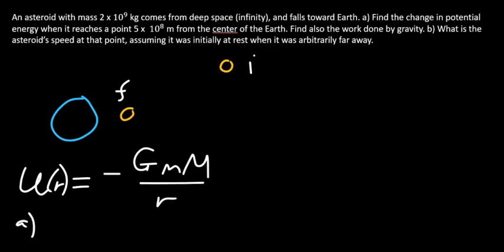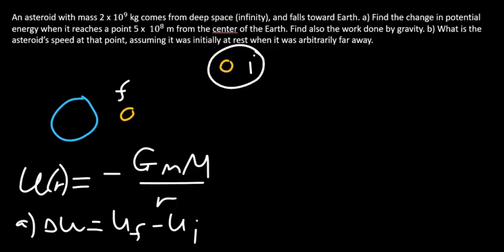So in our case, the change in potential energy is given by U final minus U initial. Note, initially, the object, or in this case the asteroid, is in deep space, which means the distance from the Earth is infinity. So according to this equation, that has got to be 0.